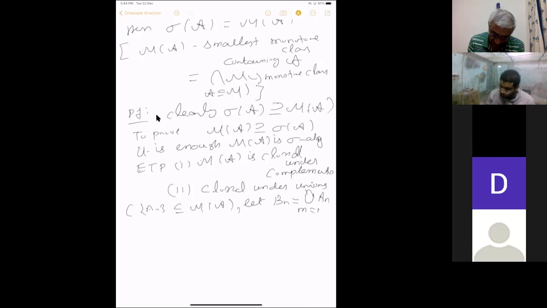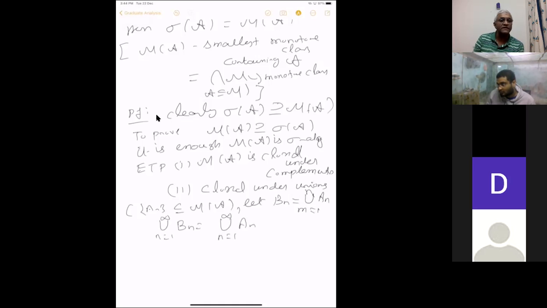Then B_n increases to the union of A_n, of course. The union over n equal to 1 to infinity of B_n is the same as the union over n equal to 1 to infinity of A_n.